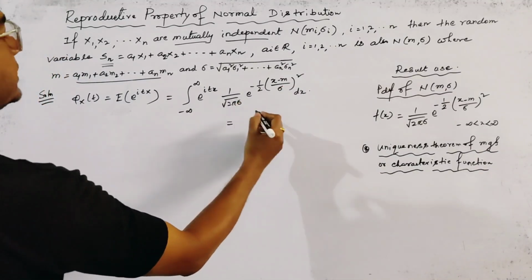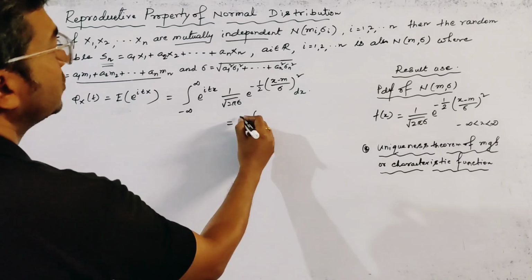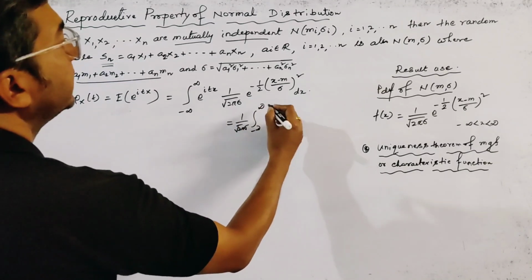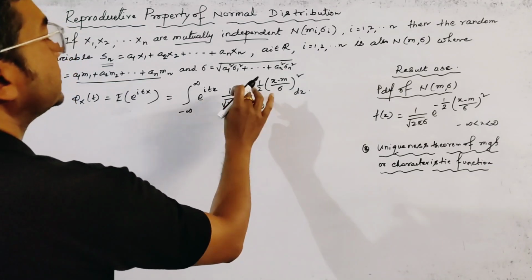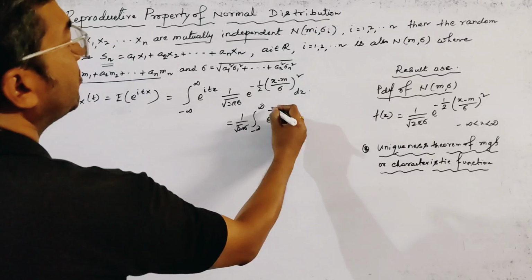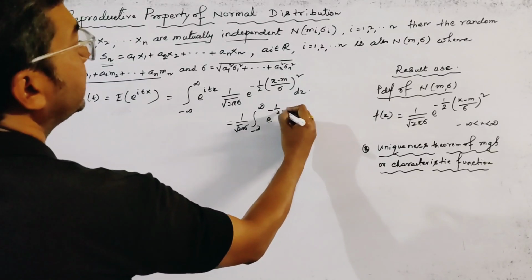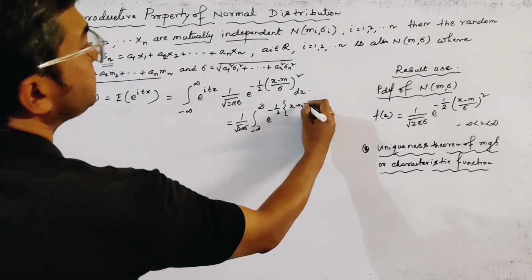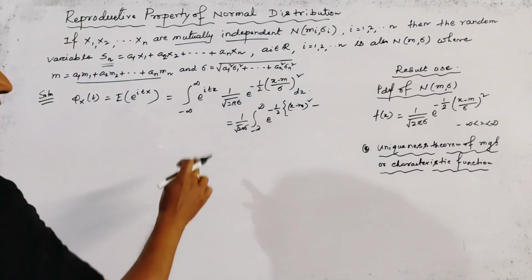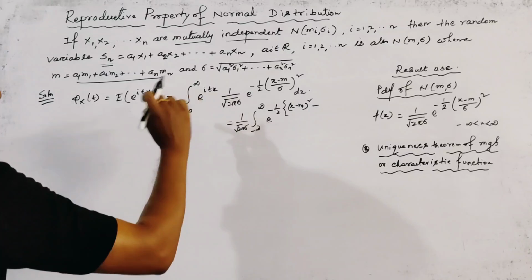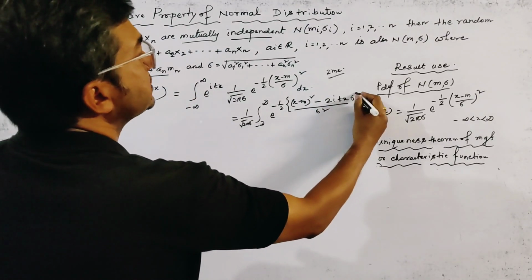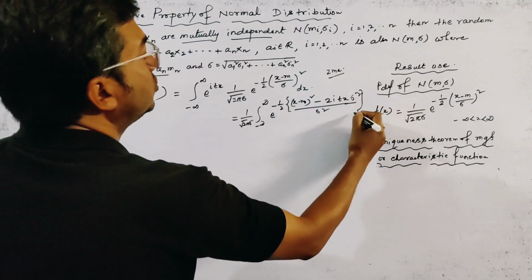Now we integrate this term. This is 1 by root 2 pi sigma, integral from minus infinity to infinity, and if we add the two exponents, we get e to the power minus half into (x minus m) whole square minus, since we take common minus half here, minus 2 i t x sigma square, into dx.